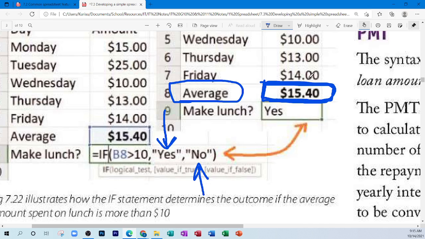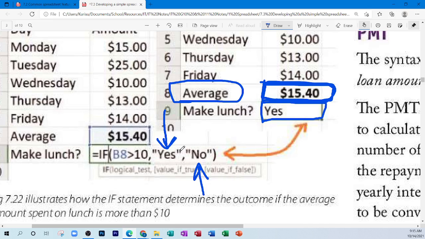So if we look at the results, 15 is in fact greater than 10. So the word yes, if you notice, it is inside of the cell here. So yes, we must make our own lunch. If you notice, these words, they're in double quotation marks. So if you're going to put words to appear, then you would need to put them in double quotation marks.